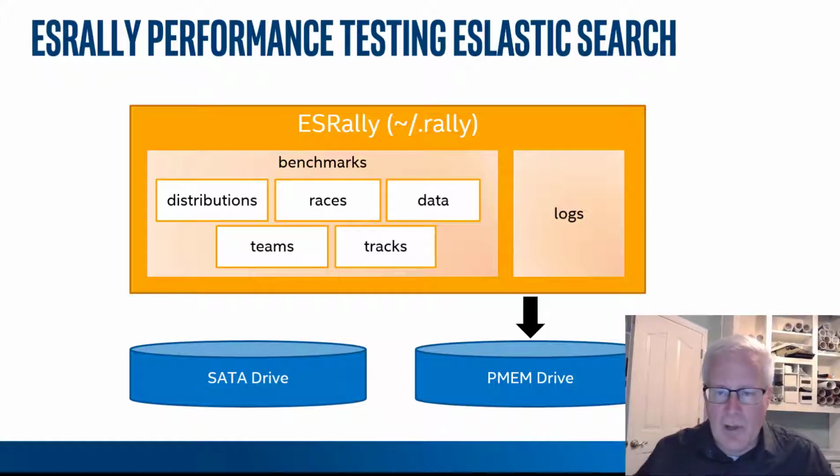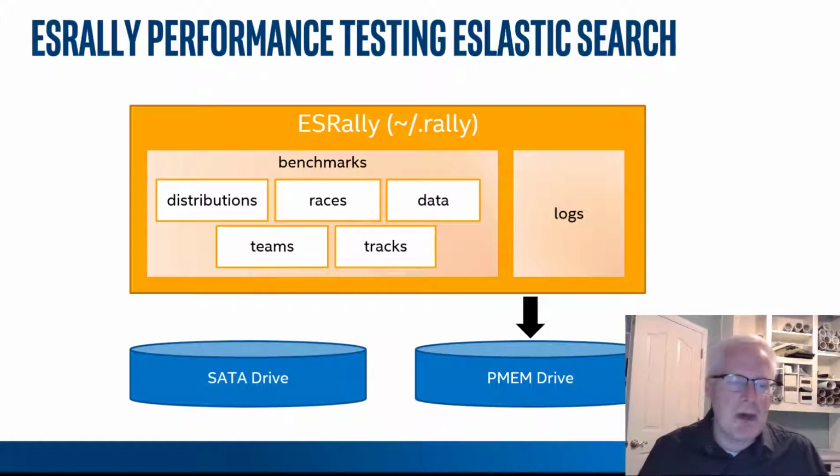I looked at what data should I run on my persistent memory drive that's really fast, and which one should I run on my SATA drive. And I decided to take the chicken way out, and I just put the whole .rally directory on each drive and then compared them.